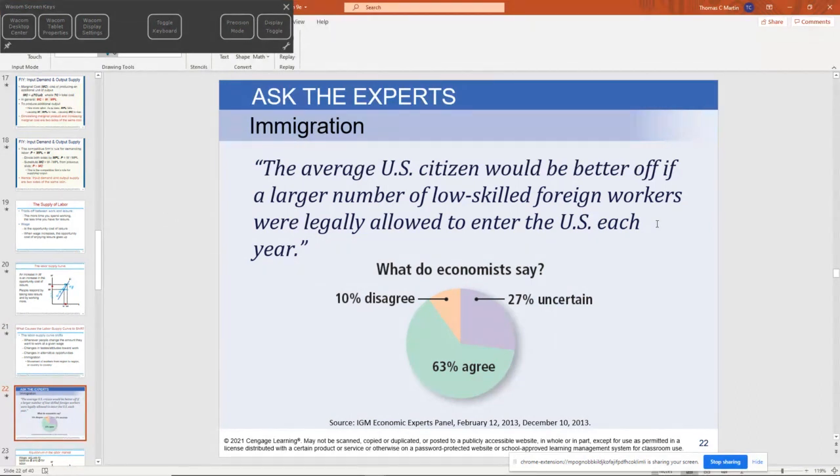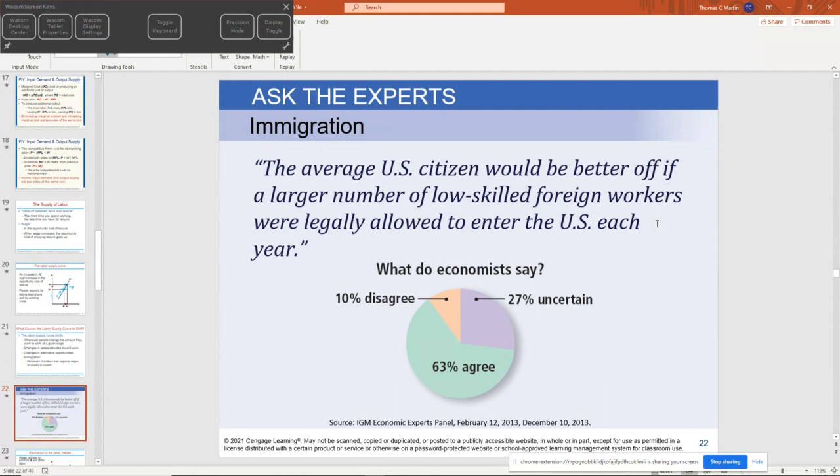One, if there's more labor out there, that means the value of the labor will be held down, or the market rate will be held down, reducing the cost to produce a car or a bag of fertilizer. Then the price to the consumer is going to be lower because the cost of the inputs will be reduced.